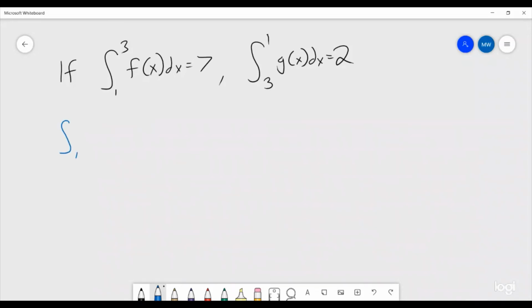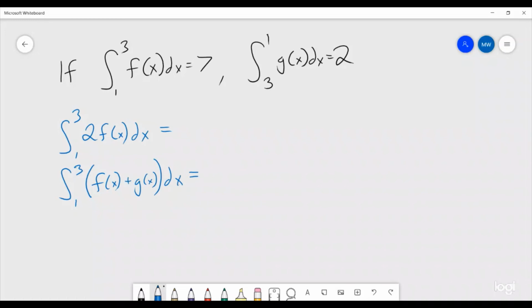We have the integral from 1 to 3 of 2 f of x dx equals what? The integral from 1 to 3 of f of x plus g of x dx, what is that equal to? And the integral from 1 to 3 of f of x minus 4 dx, what is that equal to?